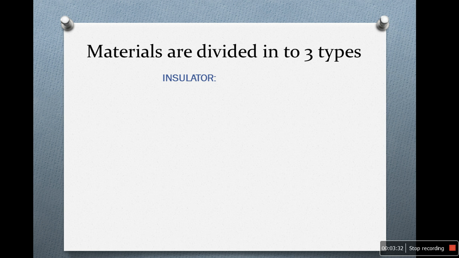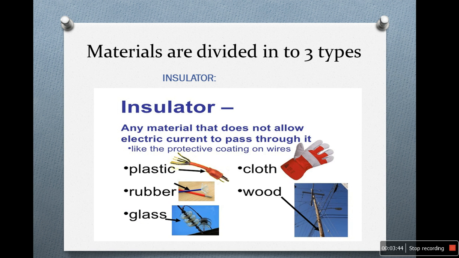What is an insulator? An insulator is a material which has an energy gap greater than 6 electron volts. It does not allow electric current to pass through it.